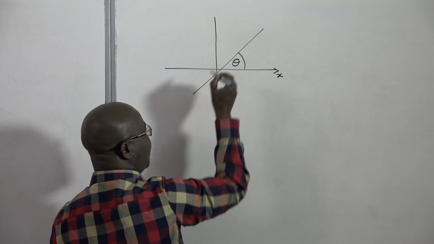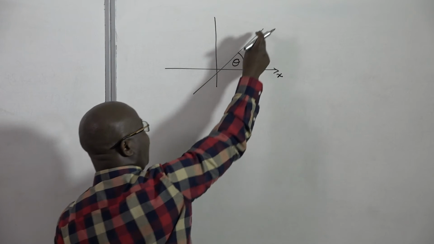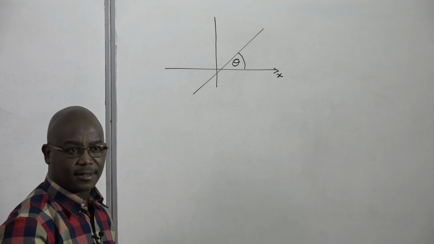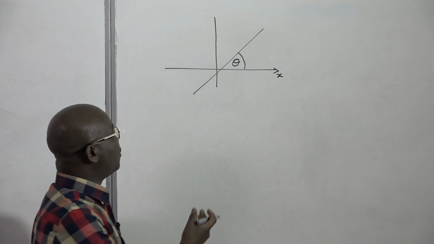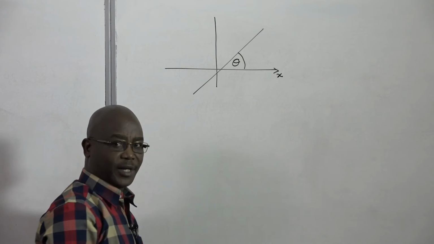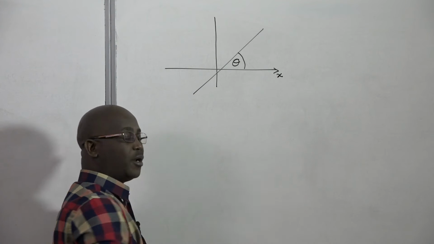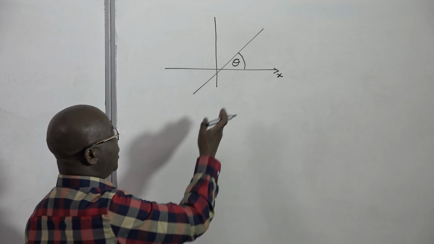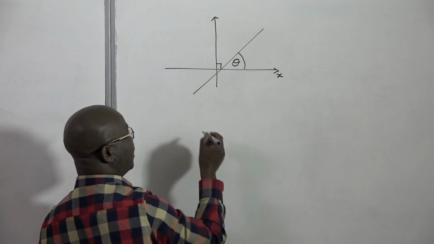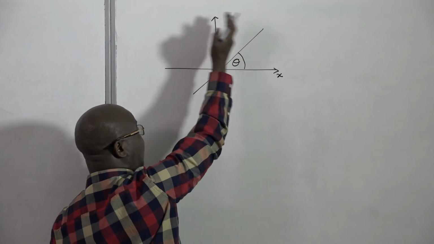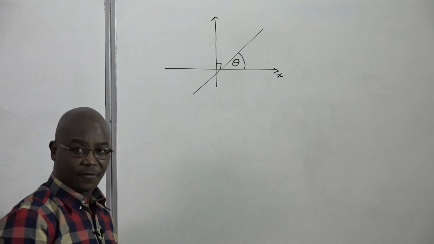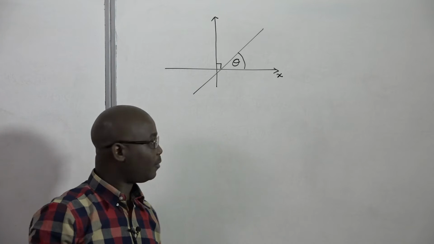This is the angle theta, which is formed between the line or the graph and the right side of the x-axis. In this case, I have drawn an acute angle because it is between 0 and 90 degrees. You remember that this is a right angle, a 90-degree quadrant, so this angle exists between 0 and 90, therefore it is an acute angle.